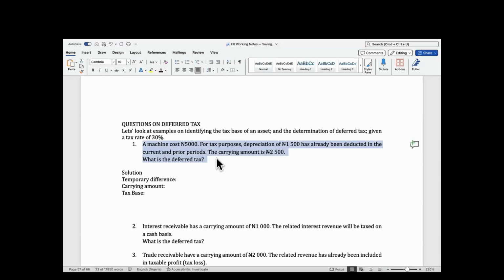So the way we work it out for our case is, the carrying amount is usually cost minus accumulated depreciation. They have given it to me in this question as 2.5. And the tax base, I can easily determine that, which is 5,000 minus tax depreciation, which is 1.5.